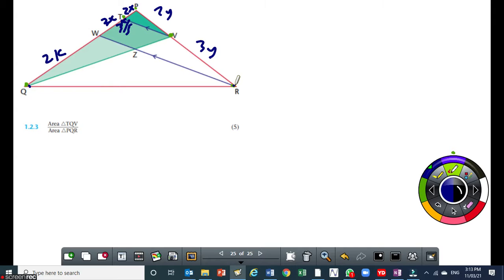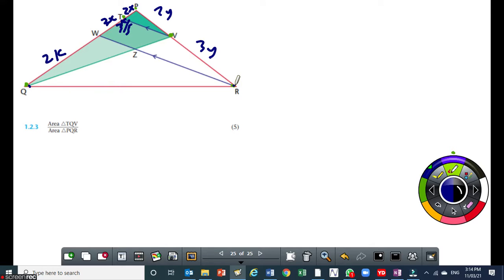If I try to use base times height directly as it is, it won't work. If I try to use the area rule, they don't have a common angle. So I need to identify a third triangle that shares a common height with both of them.